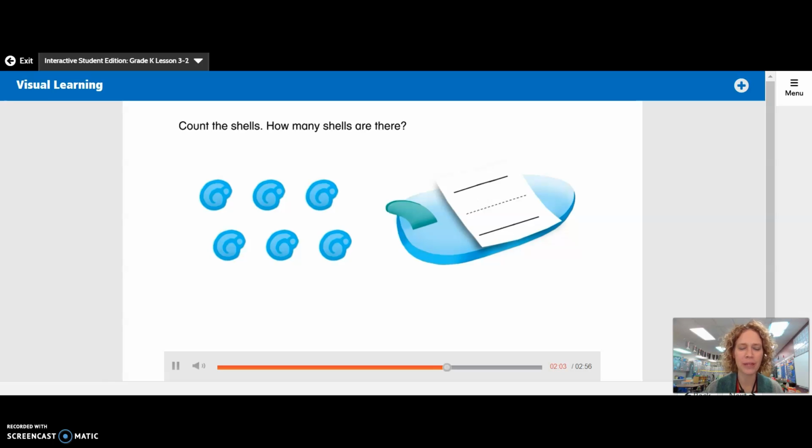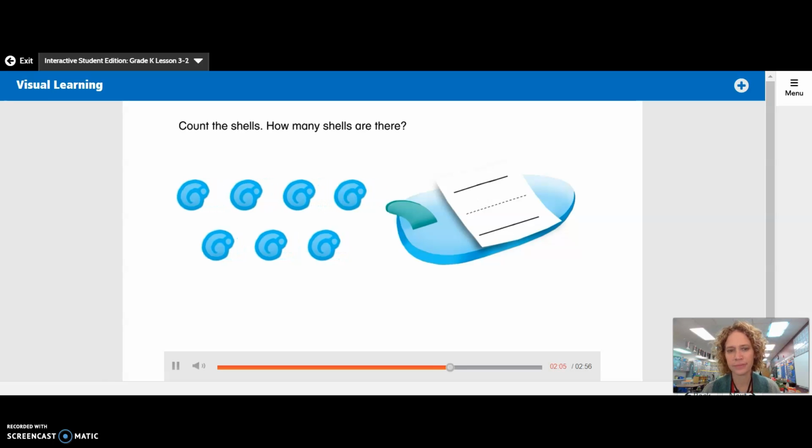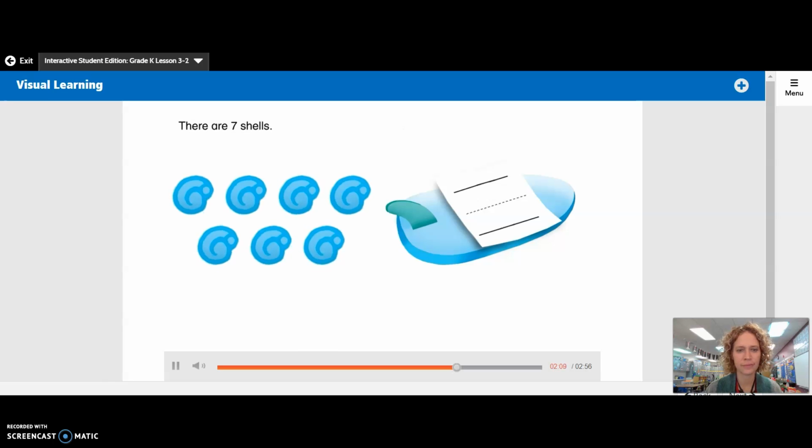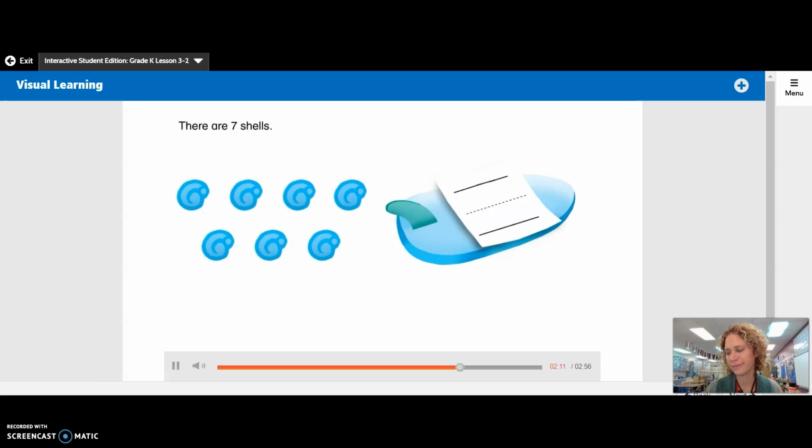Count the shells. How many shells are there? There are 7 shells. Jackson is writing the number of shells. What number is Jackson writing? He is writing the number 7.